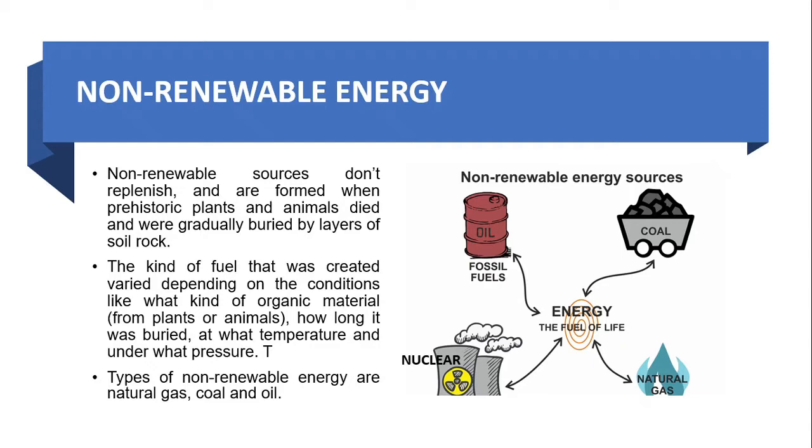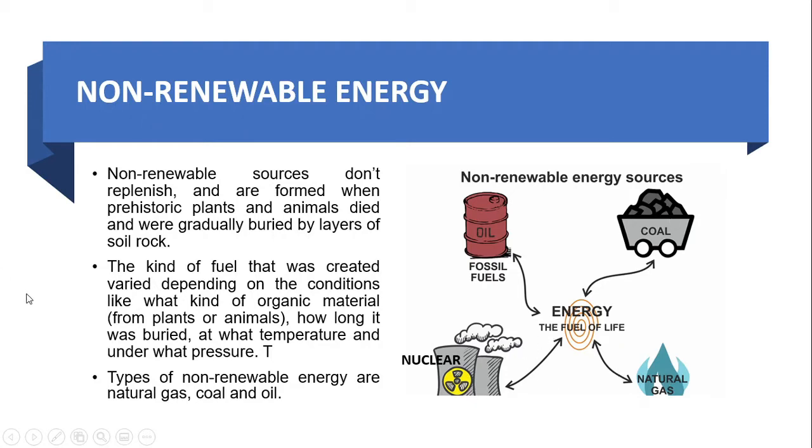These are those types of sources which we cannot replenish, and they are formed when prehistoric plants and animals died and were gradually buried by layers of soil and rock. So these are the four basic types of non-renewable energy: fossil fuels or oil, which is actually generated by the fossil fuels, then we have coal, nuclear energy, and natural gas.